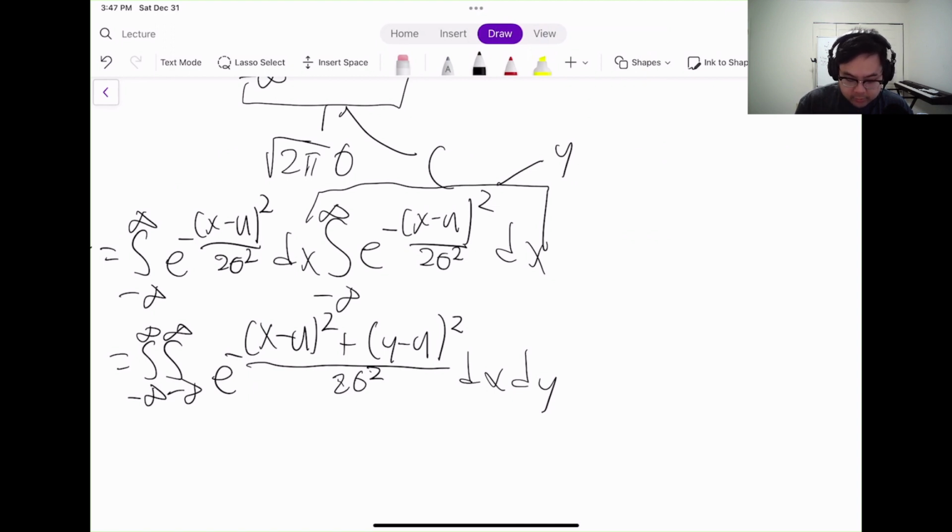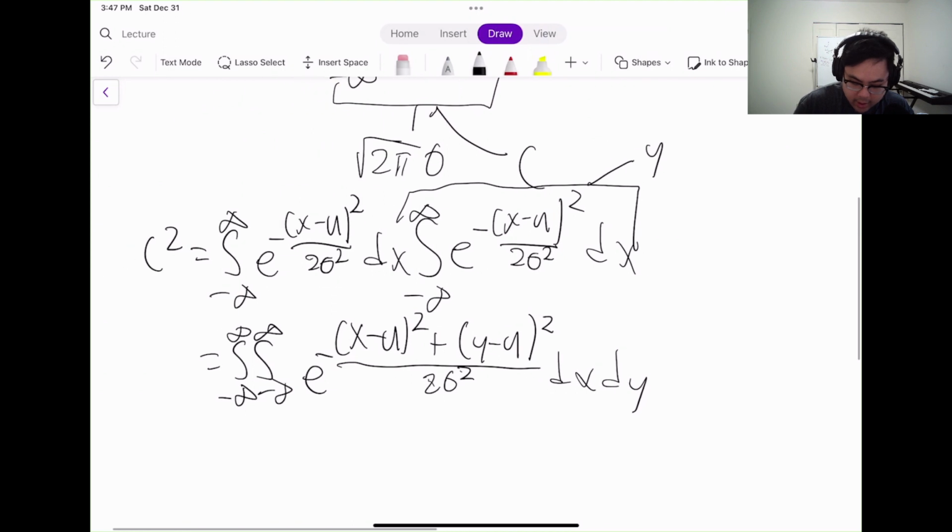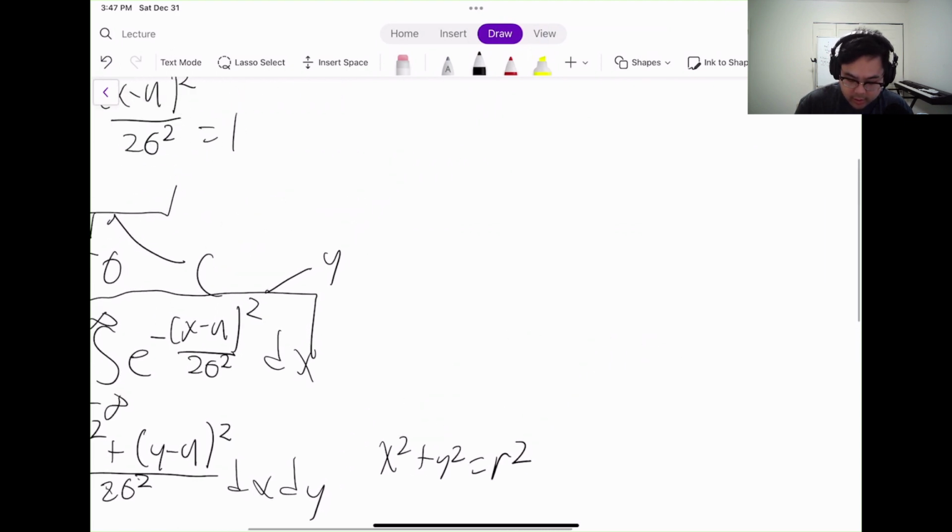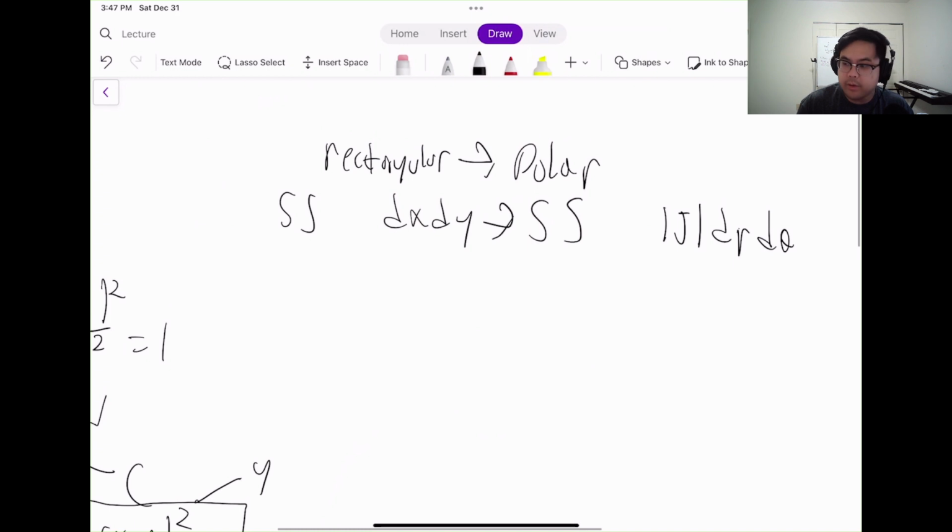Wouldn't it be nice, because we know in rectangular to polar that x squared plus y squared equals r squared. But in this case, we have x minus mu squared and y minus mu squared. Why don't we just, instead of using x, use x minus mu? Recall from rectangular to polar, we have the identities.